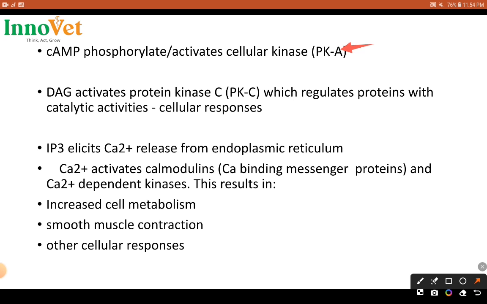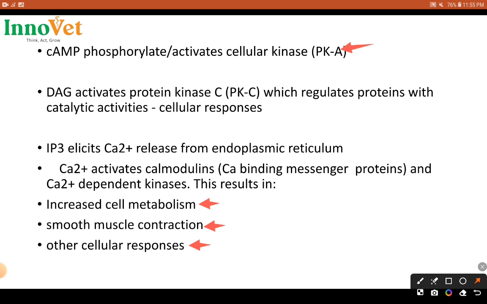Then we have inositol triphosphate eliciting calcium ion release from the endoplasmic reticulum. Then this calcium activates calmodulins, which are simply calcium binding messenger proteins, and calcium dependent kinases. This will result in increased cell metabolism, smooth muscle contraction, and other cellular responses.